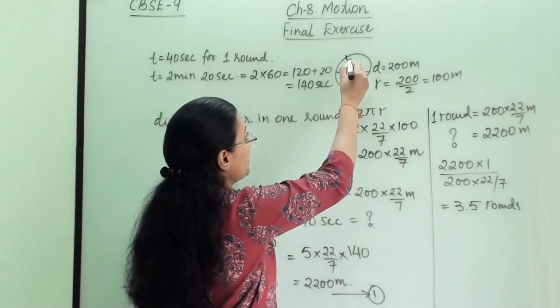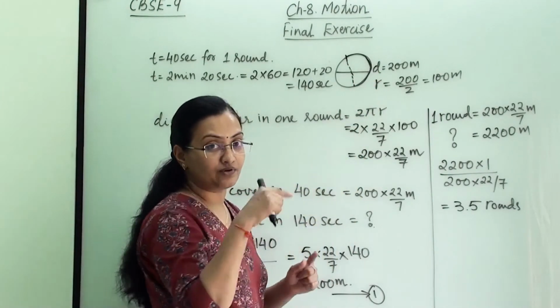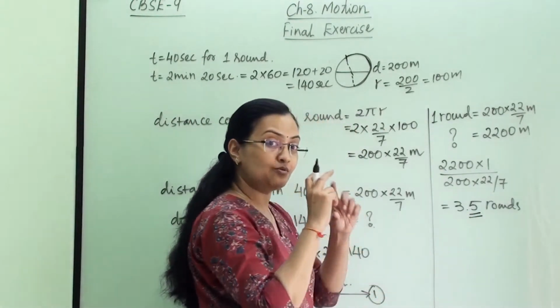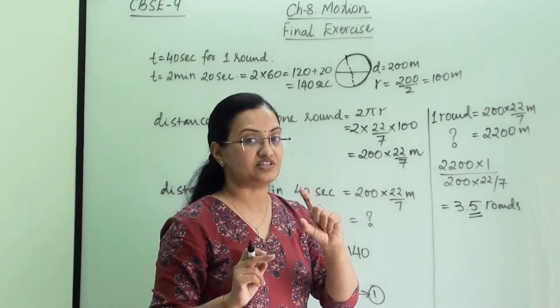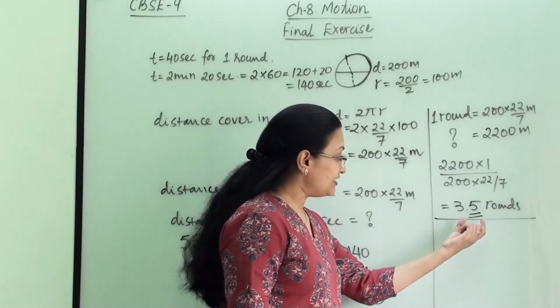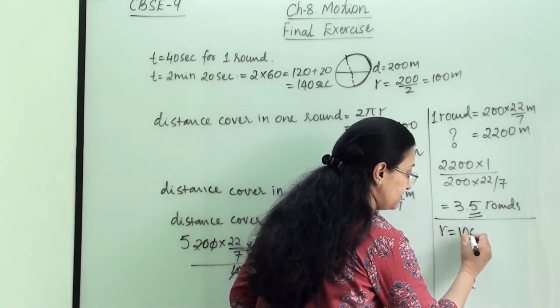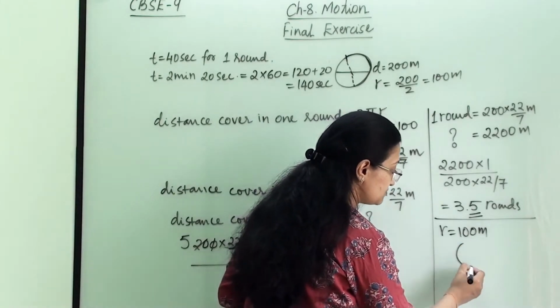But we have to find out for the remaining half, that 0.5 round, because that 0.5 round, that half a circle, will give us a displacement. Now to calculate this half round, our radius is 100 meter. What is a radius?